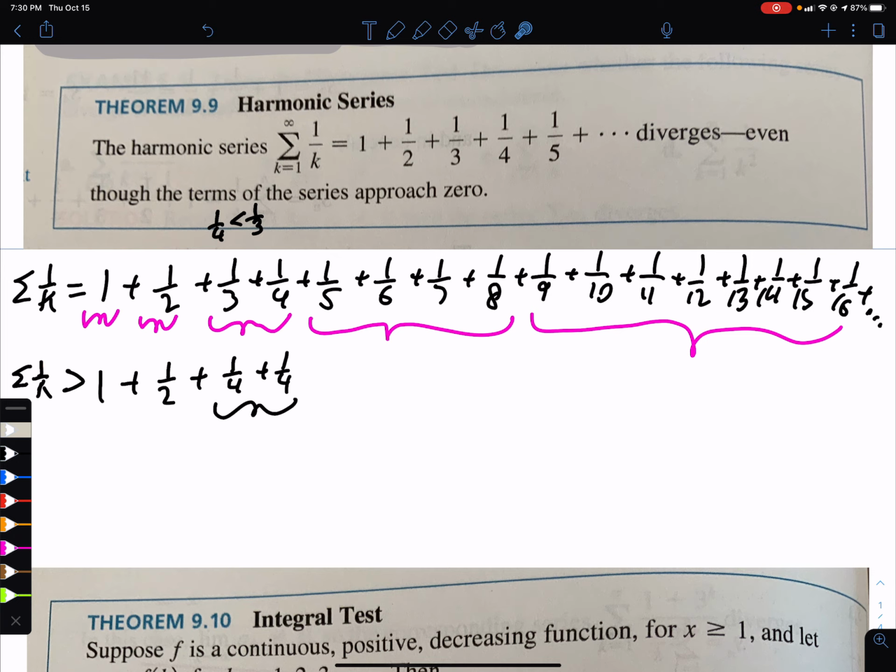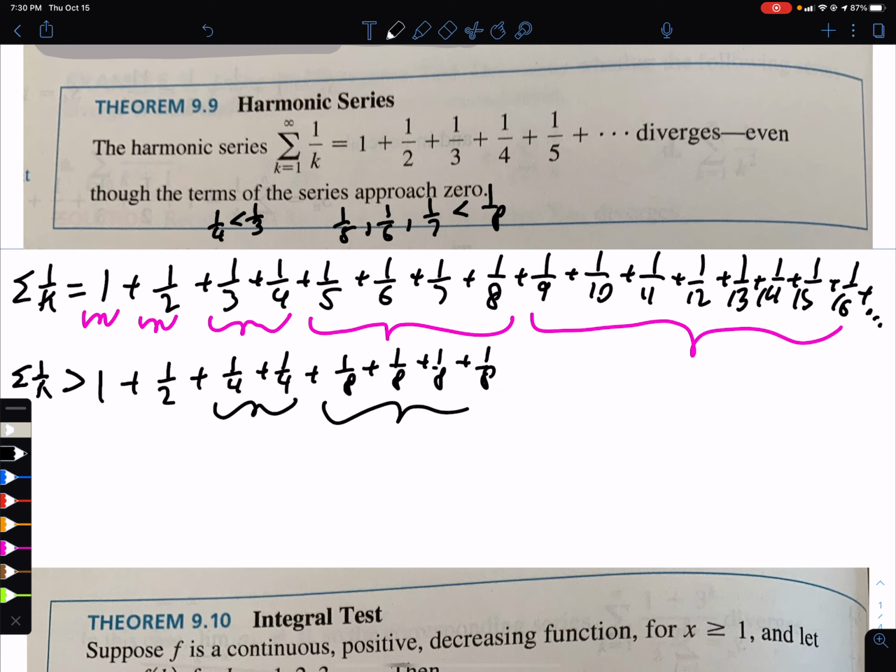Now I claim that 1/5 and 1/6 and 1/7 are all smaller than 1/8. So if I replace all of these with 1/8, this is smaller than this.